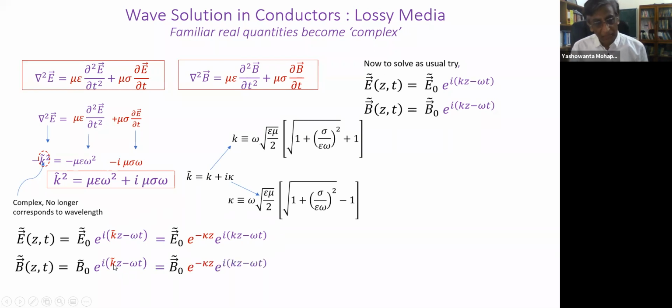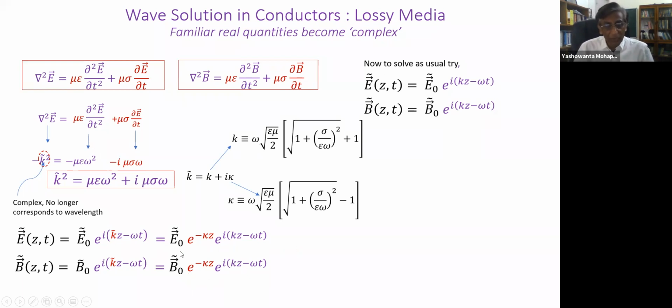So B is similar. This k becoming complex immediately gives rise to a quantity which is a real decaying exponential. So there is an oscillatory part and there is a real decay occurring also as it progresses towards z.